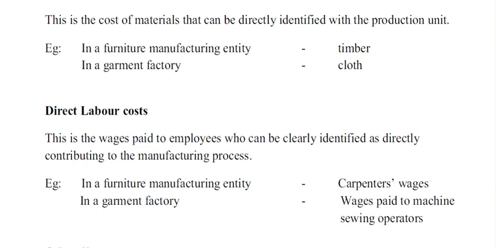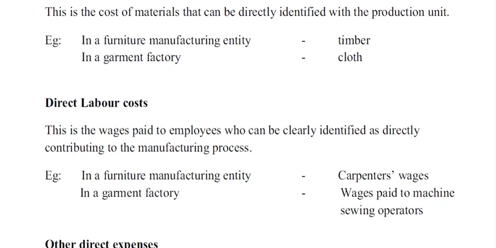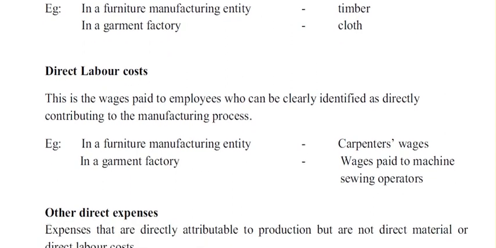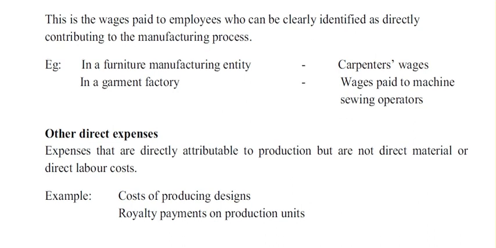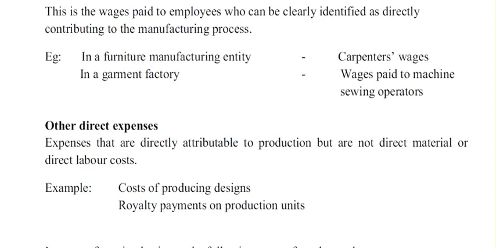Next, we'll go to other direct expenses. These are expenses that are directly attributable to production but are not direct material or direct labor. It is directly connected with the production unit, but it is not direct material or direct labor. So those things we can consider as other direct expenses.